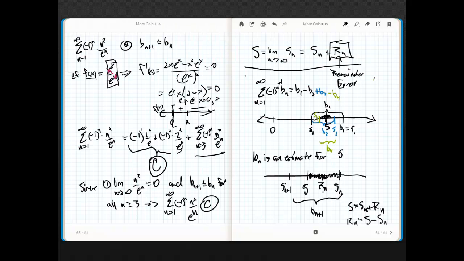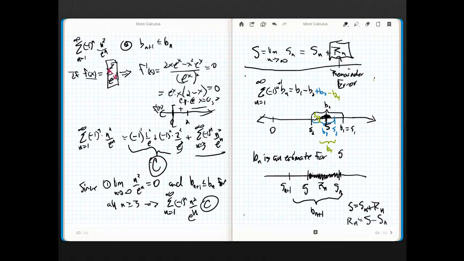What do you notice about R sub n with respect to B sub n plus 1? R sub n, as long as the series converges, if it doesn't converge, it doesn't make sense to talk about a remainder in terms of how far off the sum you are, because you're going to blow up to infinity anyway. R sub n is always going to be less than or equal to B sub n plus 1. Actually, theoretically, it's less than.